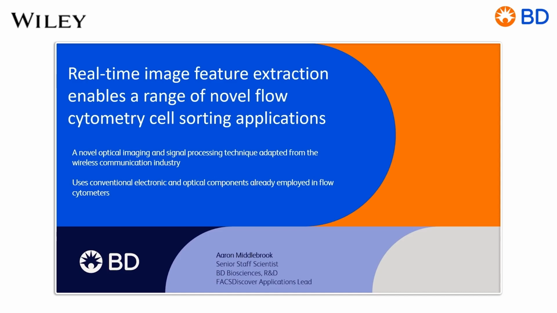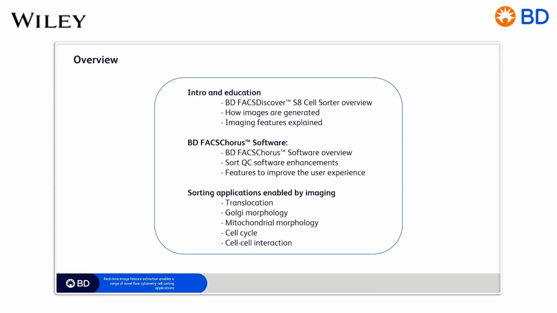So before I dive into the meat of the applications, I want to talk to you a little bit about what I'm planning to cover in this talk. We'll review the cell sorter itself and some of its features, and then I'm going to go over how the images are generated and the imaging features, how they work and what they're actually measuring, and some examples of those imaging feature measurements.